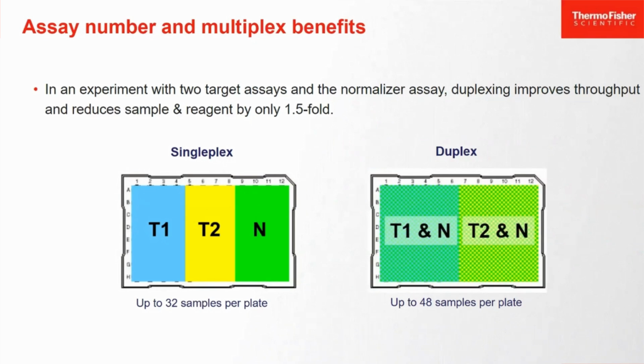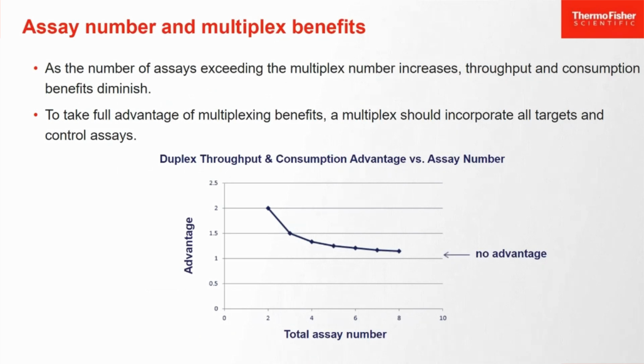So my benefit, instead of a twofold reduction in sample consumption, etc., has now gone to only 1.5-fold. So what we can see from this is that as the number of assays in your experiment exceeds the multiplex number, the throughput and consumption benefits diminish, as shown in this graph. To take full advantage of multiplexing benefits, it's best if the multiplex incorporates all the targets and control assays.